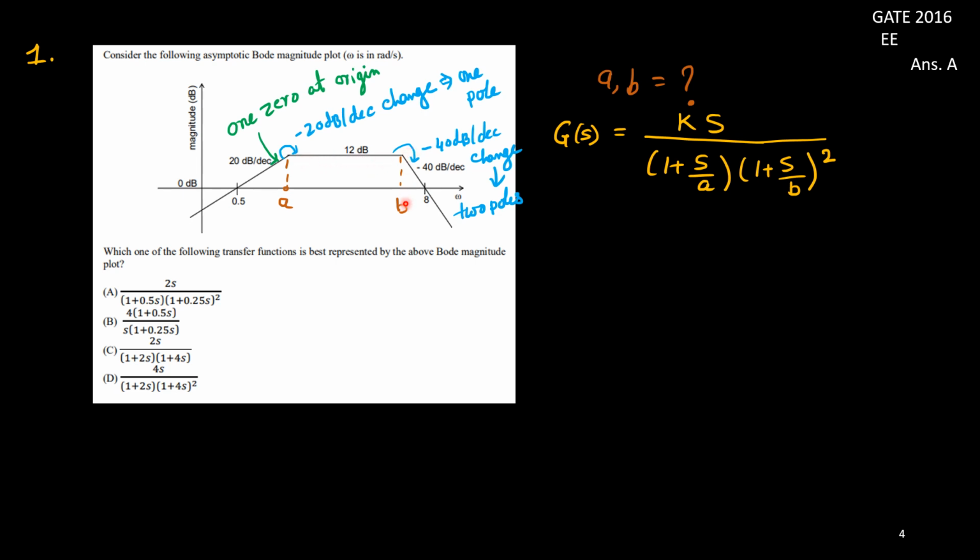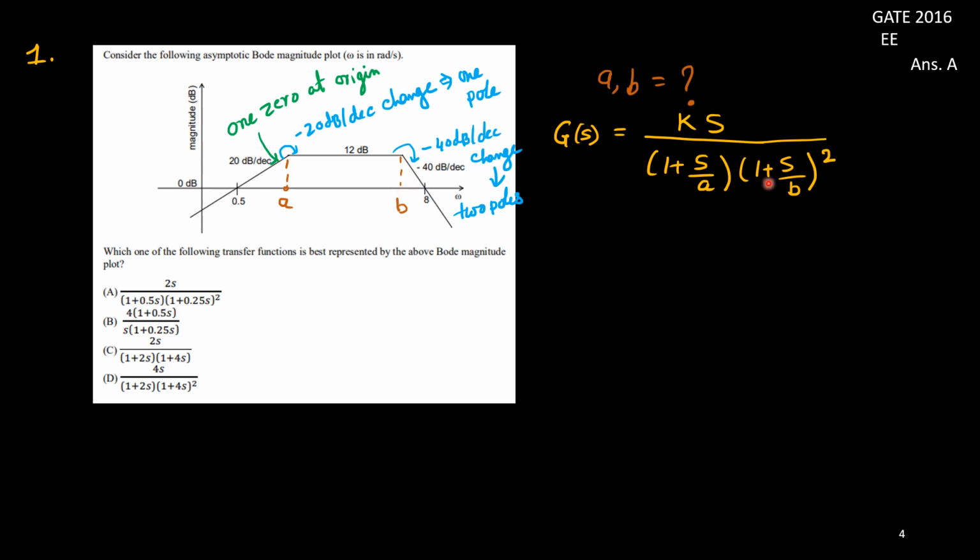And then again there is one bending here at b, and here the change in slope is minus 40 dB per decade. That minus 40 dB is 2 times minus 20, double of minus 20 dB per decade. Thus we should have two poles at this corner point.